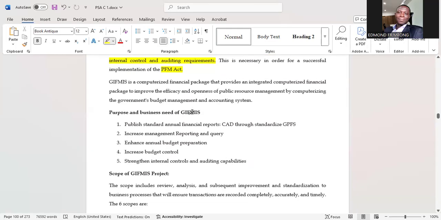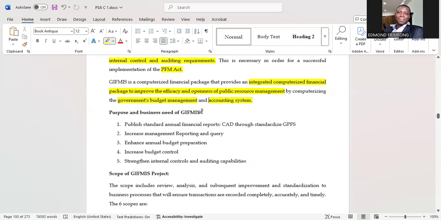GIFMIS is a computerized financial package which provides integrated computerized financial management to improve the efficacy and openness of public resource management. How is this done? This is done by automating or computerizing government budget management and all government accounting systems.